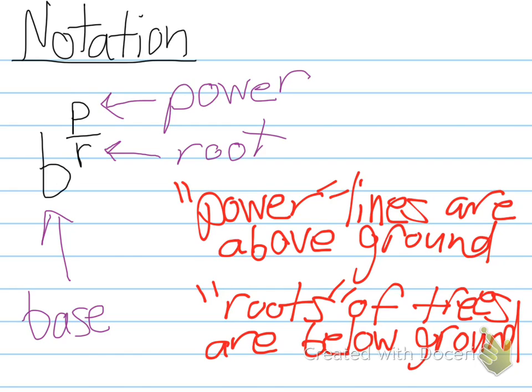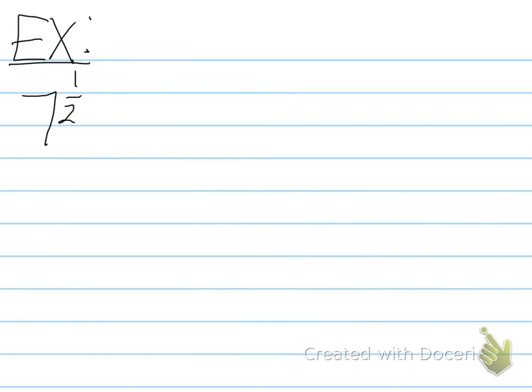If you're a more visual person, you can imagine that the dividing line in our rational exponent is the ground, and the p is like our power lines above the ground, and the r in the denominator is the roots of the trees. So that's a little trick if you need help remembering that.